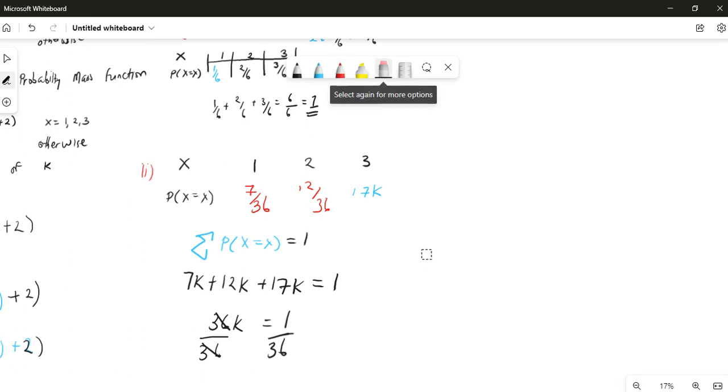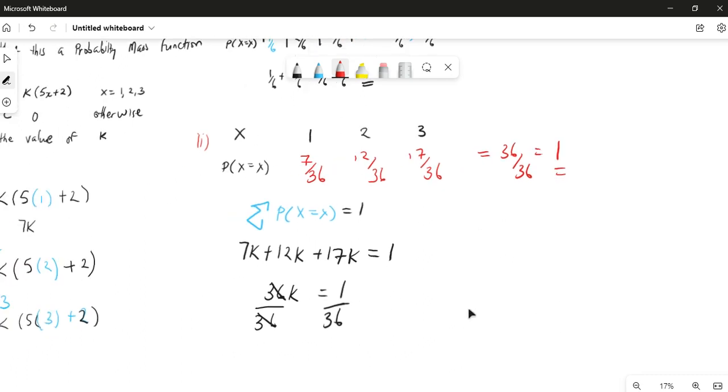And then we have 17 over 36. If you add 7 over 36 plus 12 over 36 plus 17 over 36, you're going to get 36 over 36, which is 1.